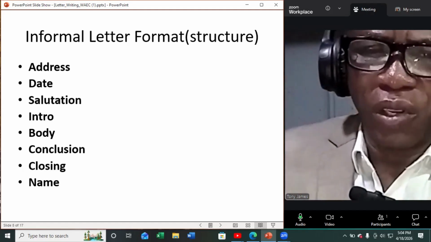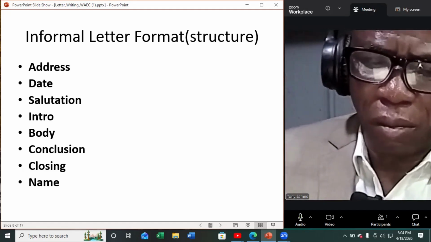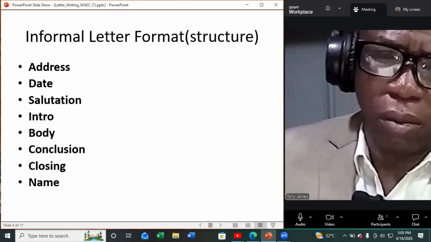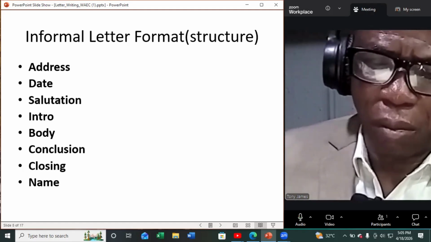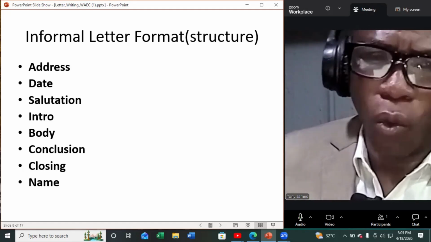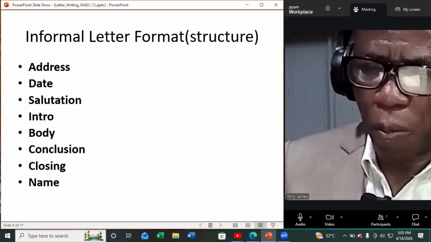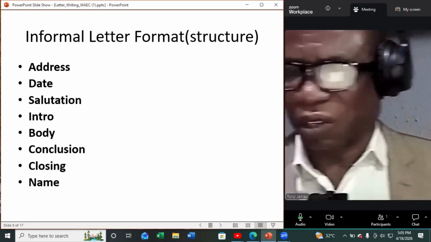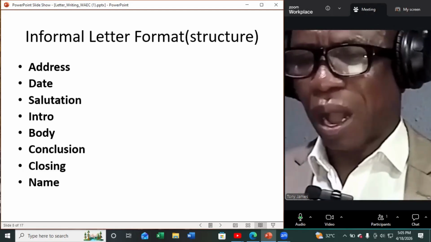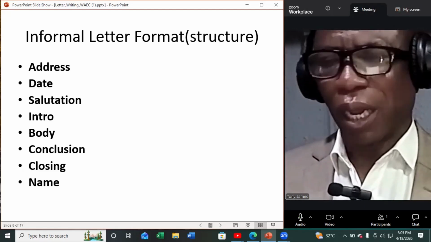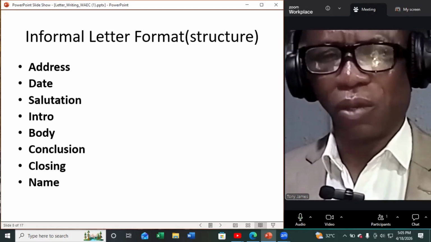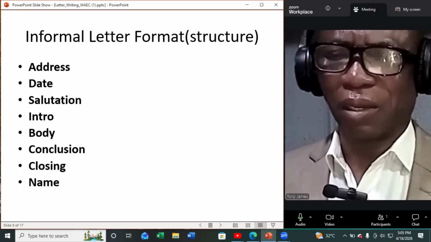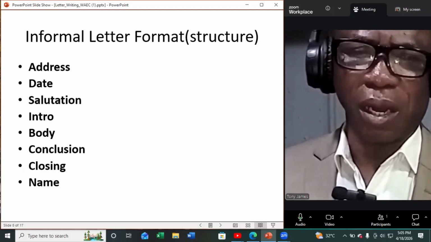So after your closing remark, yours sincerely, or your son, your daughter, your friend, Tolu, that is all, and put your full stop. Let's not forget that there will be a comma after the yours sincerely, then comma, Tolu, and you put your full stop. That is the structure of the informal letter.